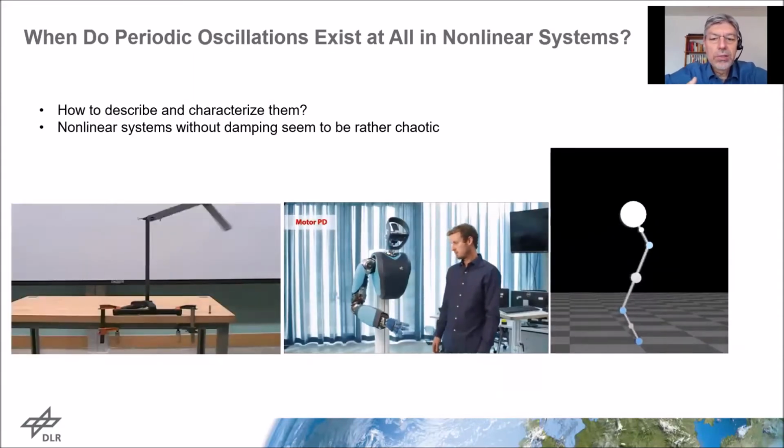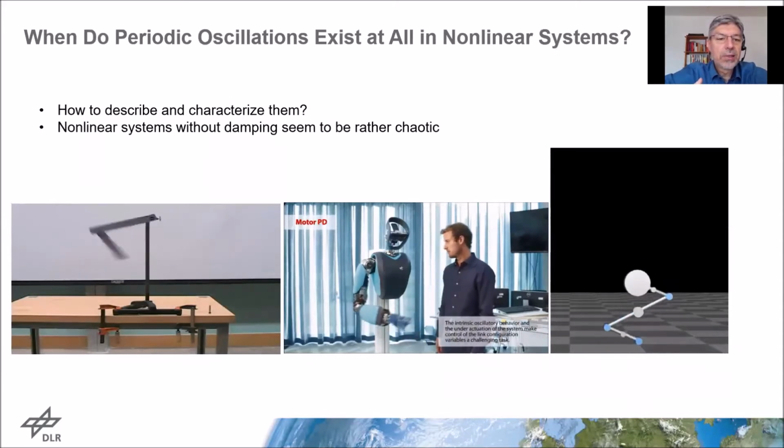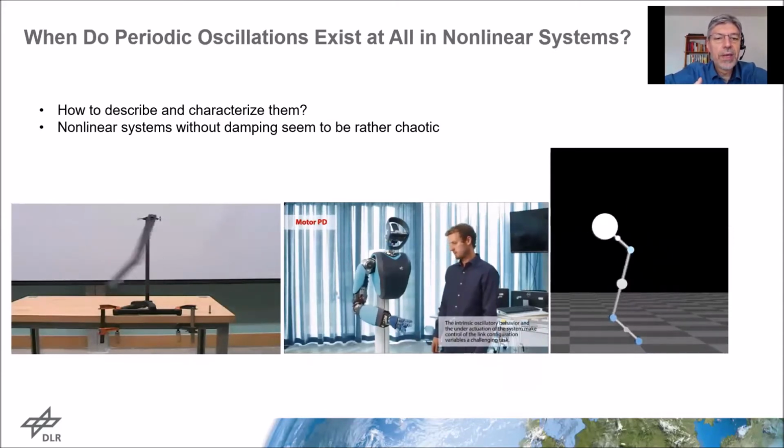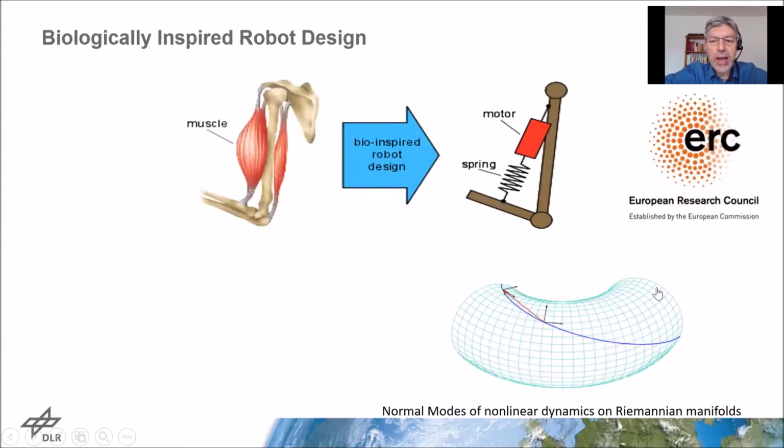However, our engineering intuition tells us that coupled multi-body systems in complex potential fields tend to be rather chaotic. So the question I'm looking at in my project is a biomechanical system with bones, muscles, and tendons, which we replicate in robotics, of course, by rigid links, then actuators, and then springs, and maybe dampers.